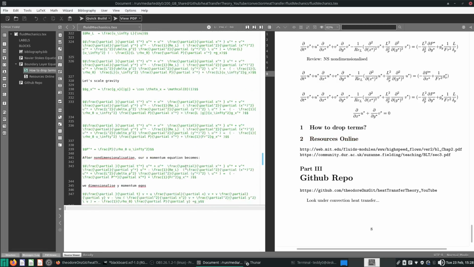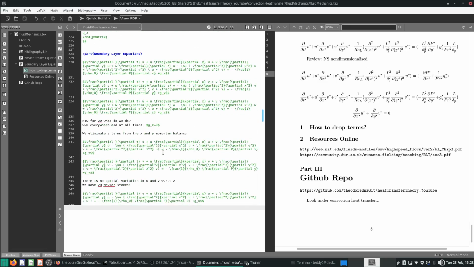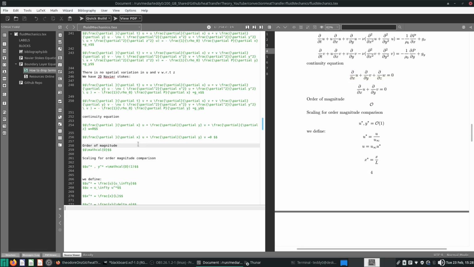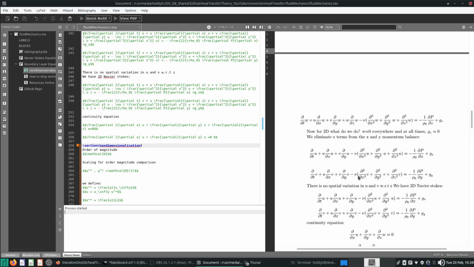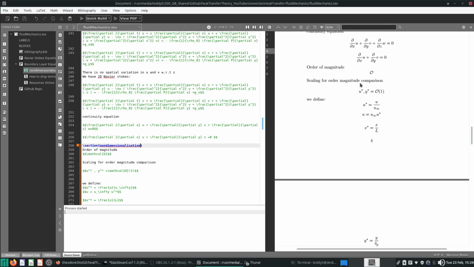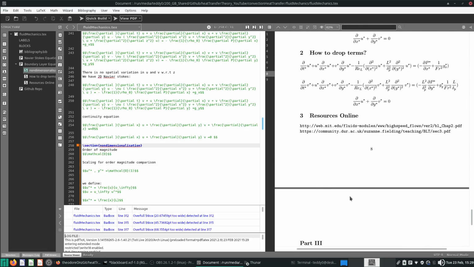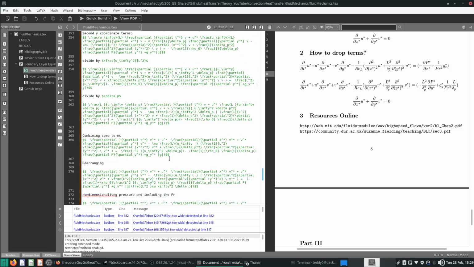Before that, I'll put a new section here, which is order of non-dimensionalization. So we did all this non-dimensionalization. Okay, so how do we start dropping terms?